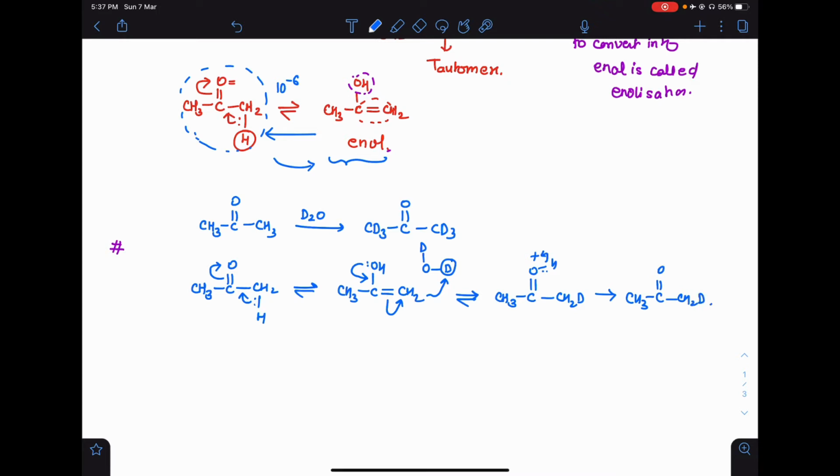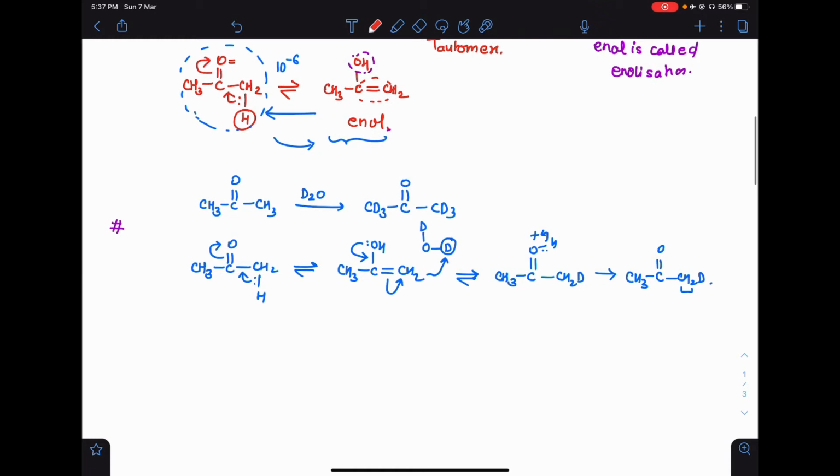Now, similarly, again, one of the hydrogens can undergo keto-enol tautomerism, and like that, all the hydrogens can be converted to deuterium one by one. So if I keep this acetone in heavy water for long enough, all the hydrogens will be replaced by deuterium. That tells me that yes, tautomerism does happen.